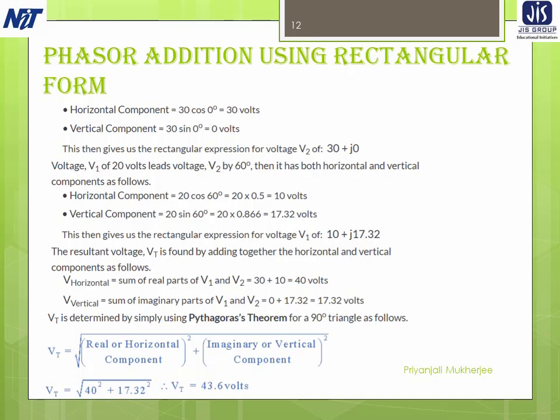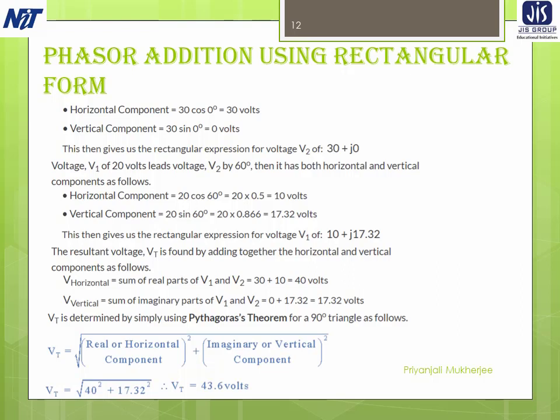And V1 of 20 volts leads V2 by 60 degrees. So it has both horizontal and vertical components: the horizontal component becomes 20 cos 60 degrees, whereas the vertical component is 20 sin 60 degrees. It gives us 10 volts and a vertical component of 17.32 volts. So V1 is expressed as 10 plus j17.32.